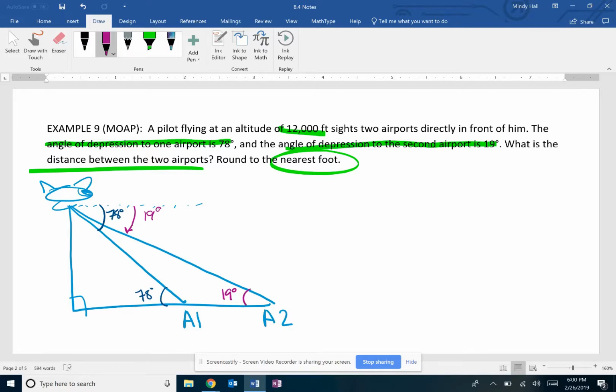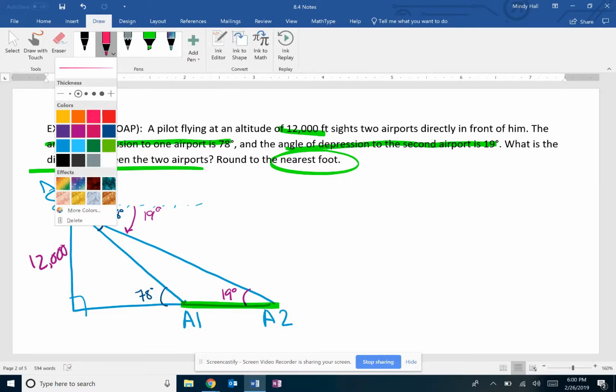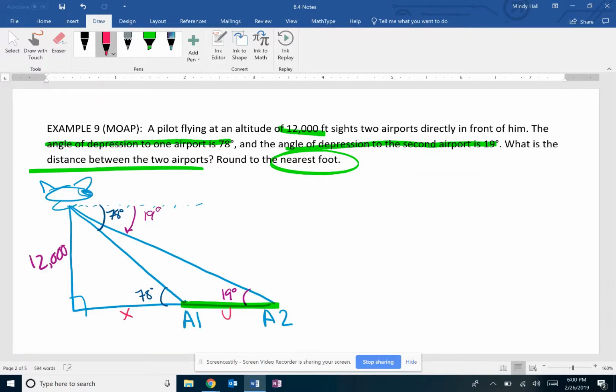So then we know that the pilot is flying at 12,000 feet, and we want to know the distance between the 2 airports. So this is going to be just like the one above, and I'll do it the other way so that you can see if you like that way better than the Z. So we're going to have X and Y. In order to do this, we're going to first find our X. So tangent 78 equals opposite over adjacent.